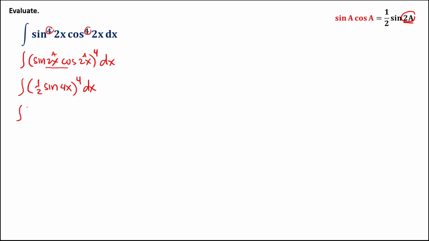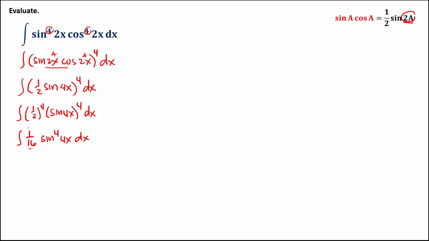This is equal to the integral of 1 half to the power 4, times sine 4x to the power 4, then the dx, and this 1 half to the power 4 is equal to 1 over 16, times sine to the power 4 of 4x, then the dx.